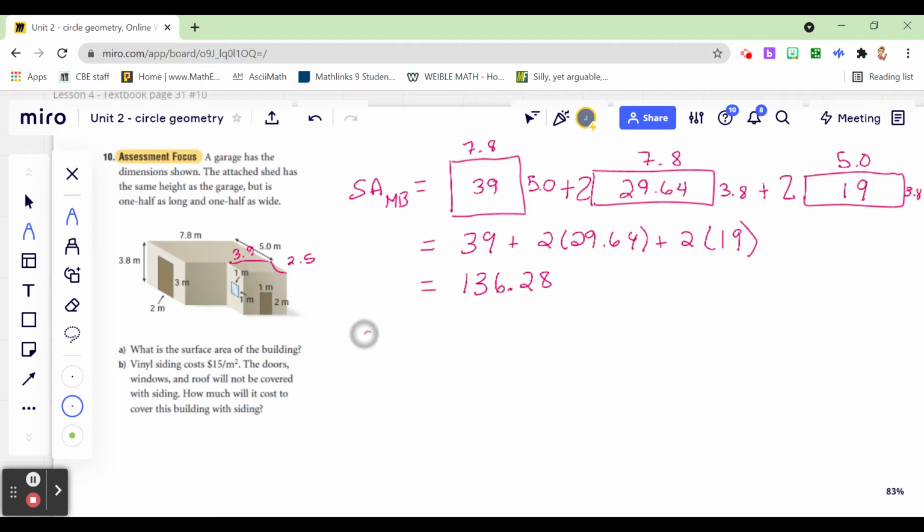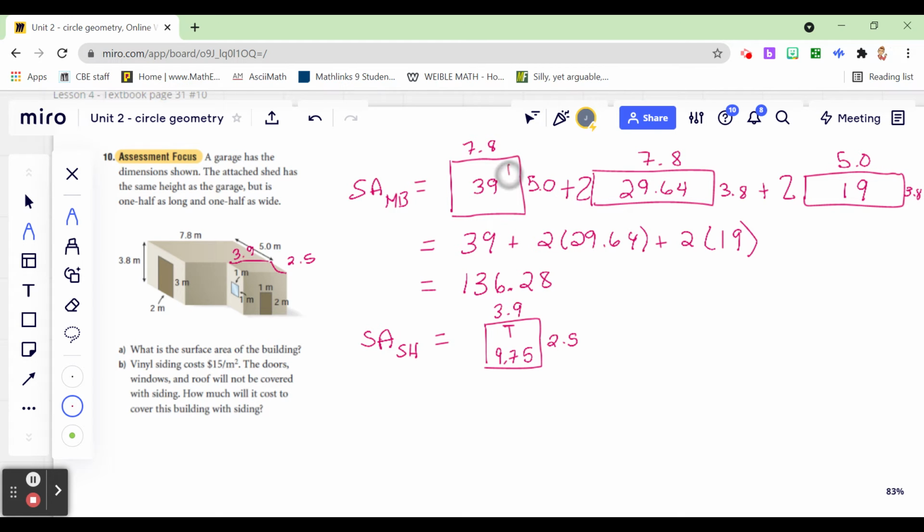Now I need to figure out the surface area of the shed. So the shed, my roof is going to be 3.9 and 2.5, which ends up being 9.75. So that's the top. I'm going to put a T on that for the top.